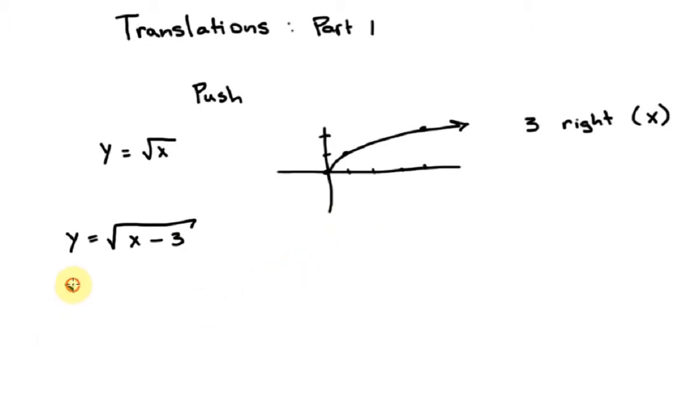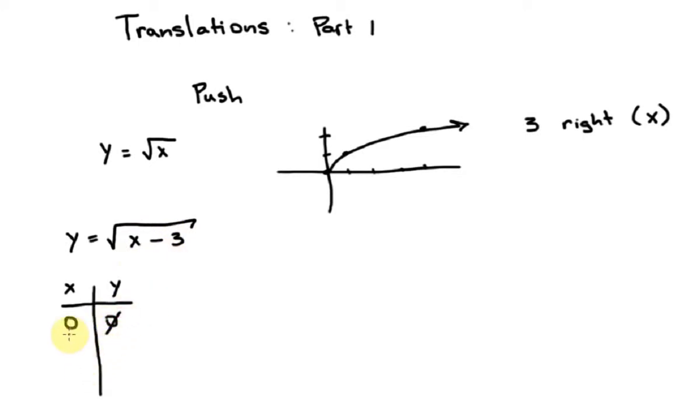And I'm going to convince you of that with a little table of values. We're just going to plug in enough points to see if our graph really is this graph pushed 3 units to the right. So I might like to try to plug in 0, but I'd quickly see, 0 minus 3, I can't square root a negative number.